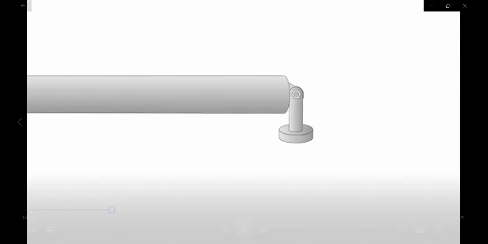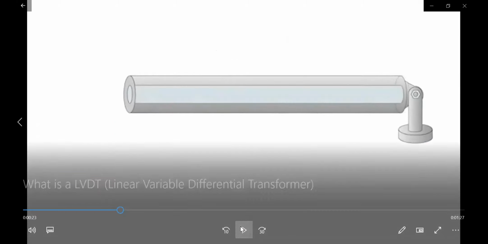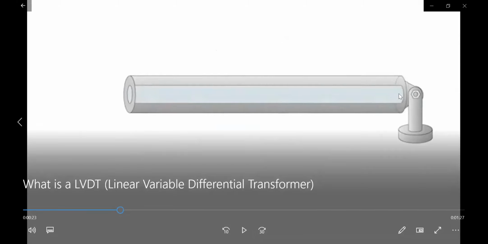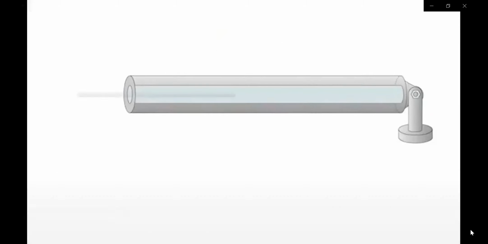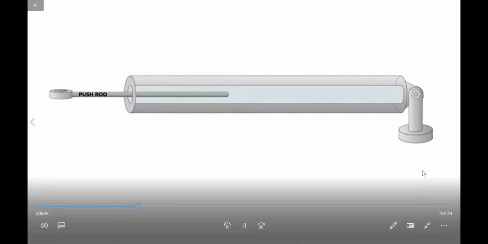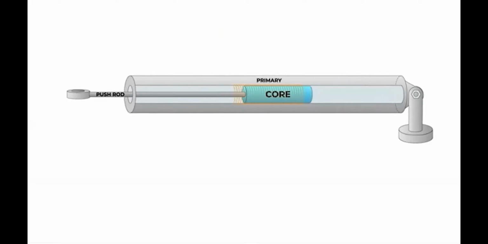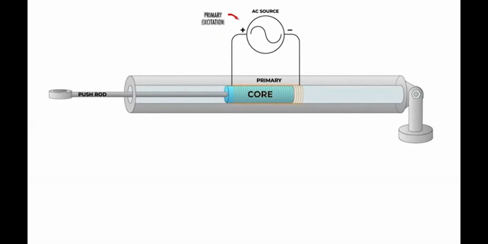How they work. An LVDT consists of a hollow metal cylinder with a shaft or push rod that moves freely back and forth inside the cylinder. The push rod is connected to a magnetically conductive core. A primary coil is wrapped around the middle of the cylinder and is energized by a constant amplitude AC source known as primary excitation, while two secondary coils having equal number of turns are wrapped around either side of the cylinder at equal distances from the primary coil.